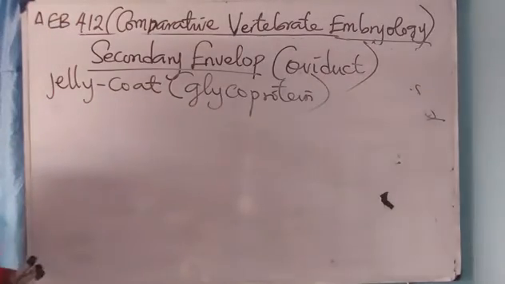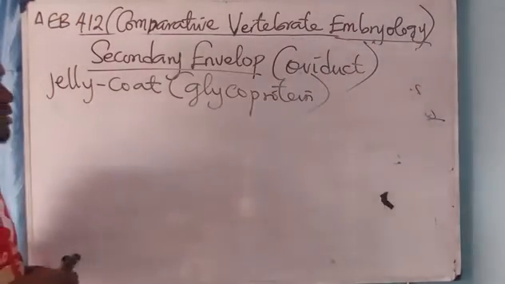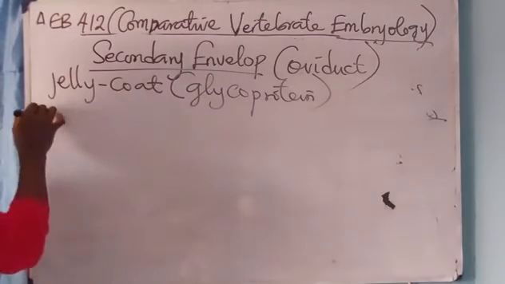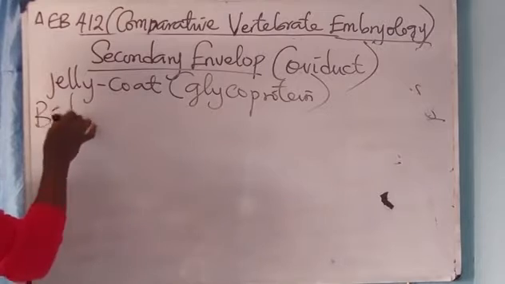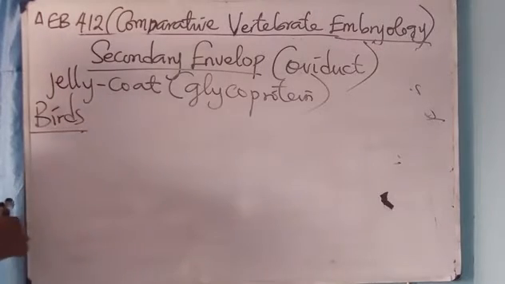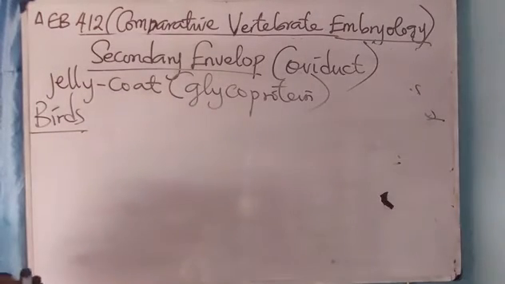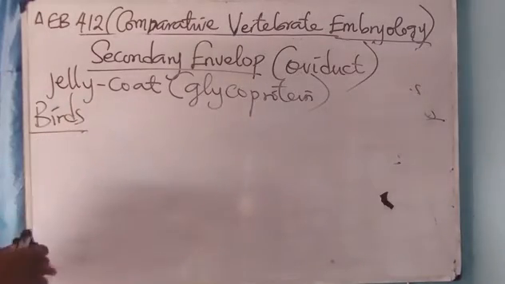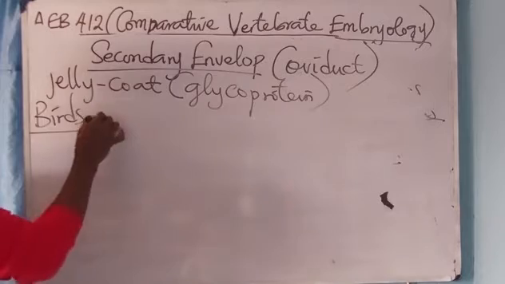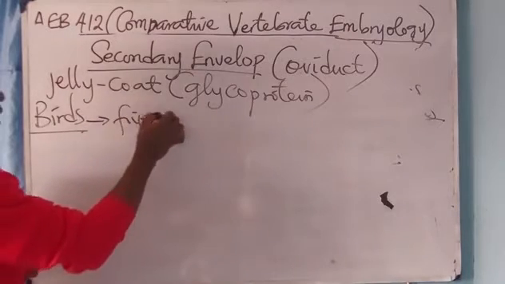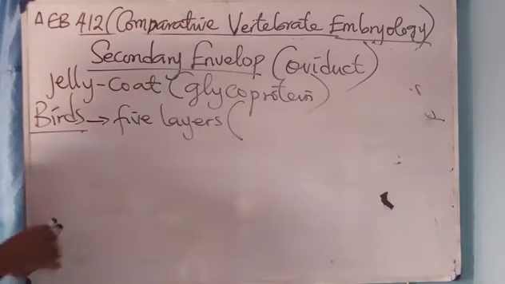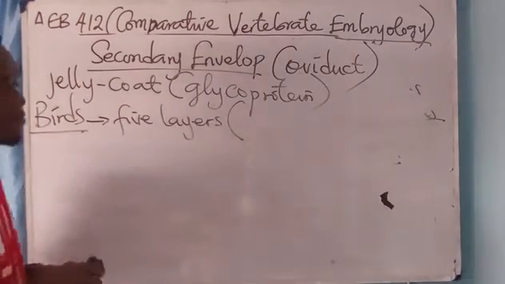Please, the most complicated type of egg envelope is found in birds. Their eggs have 5 layers.